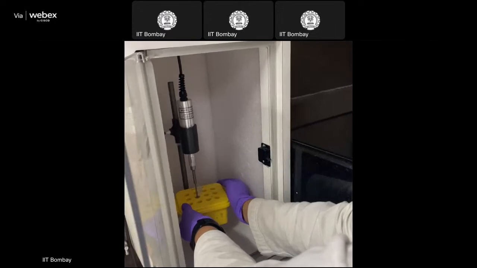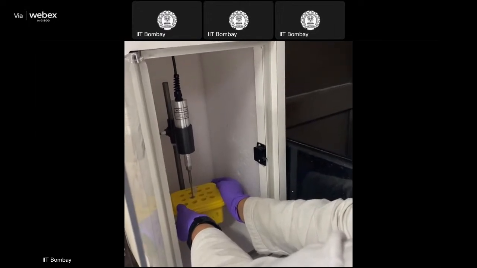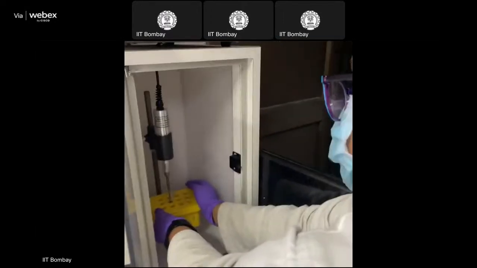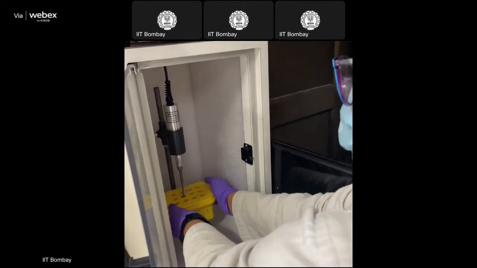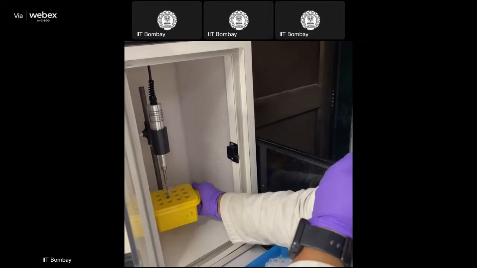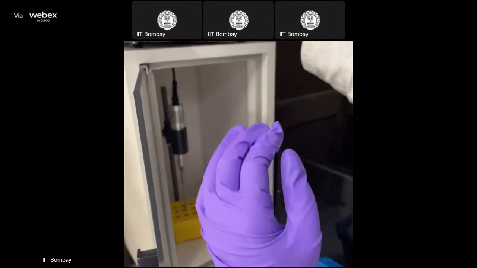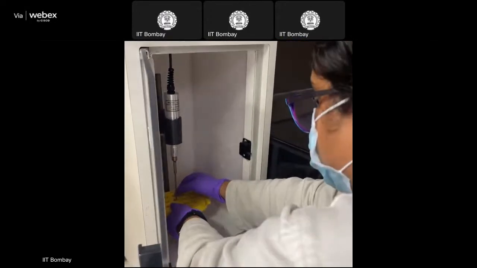It will take around 1 minute for the sonication. Then after sonication, I stop it.